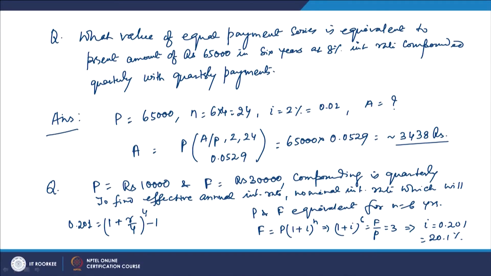So, 4 into 1 is 4, minus 1. This way you get the value of R, and R is coming as 18.7%. So, 18.7% is the nominal interest rate in such cases. This is how you have to use these concepts of interest and equivalence to find the value.